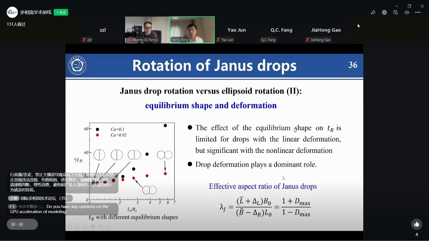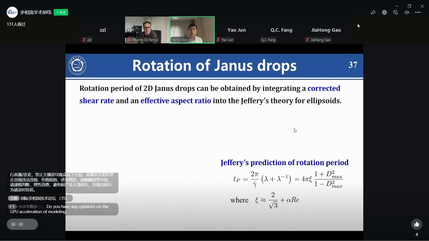Then we calculate the effective aspect ratio of the Janus droplet in such a way. That means the aspect ratio of the droplet at the most significant elongation state. Then we replace the correlated shear rate and the effective aspect ratio into the Jeffrey series for these particles.